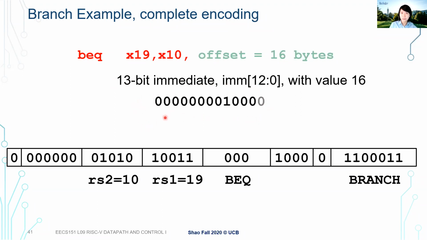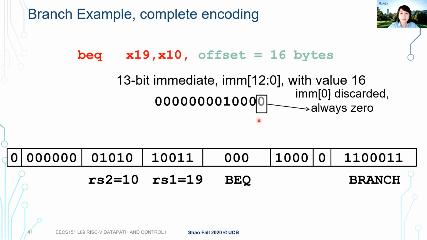First, for branch, instead of byte addressable, we're doing half-word addressable. With that, we don't need the last bit because it's always 0, since instructions are always half-word aligned. So we don't need to store those zeros. Those 13 immediate bits become 12 bits by discarding the last bit.